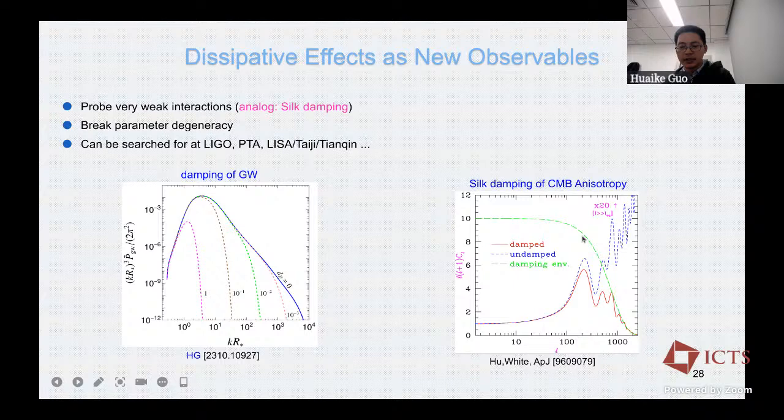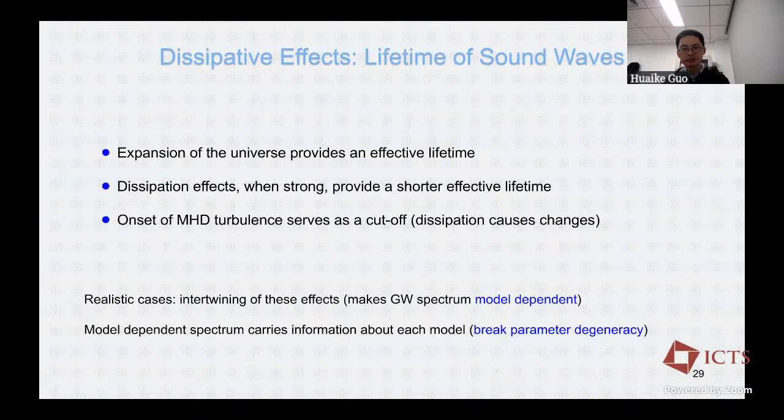The Silk damping comes from the increasing mean free path of the photons during the recombination era as fewer ions appear in the environment. Similar things can happen if we have very weak interactions or freezing out of some particles, and probably this is a direction we can explore in the future.